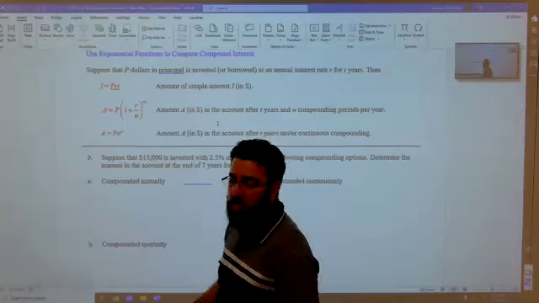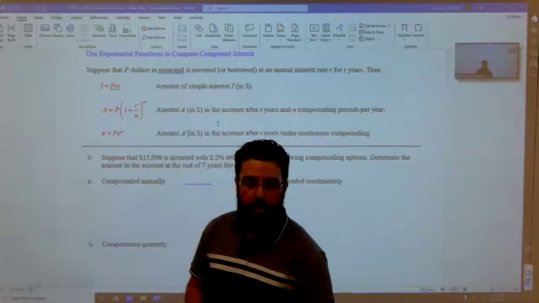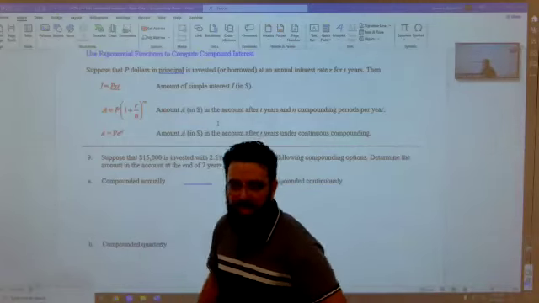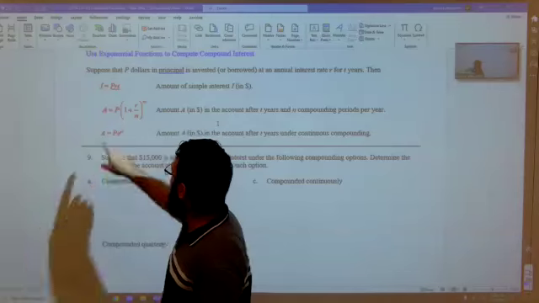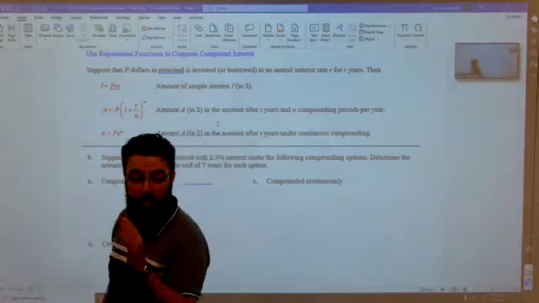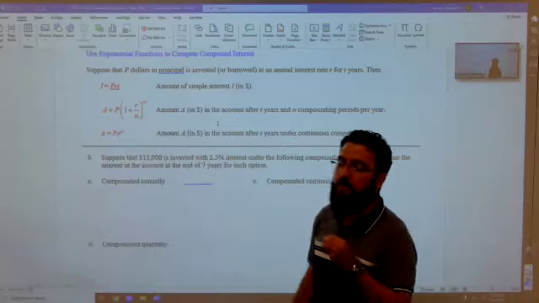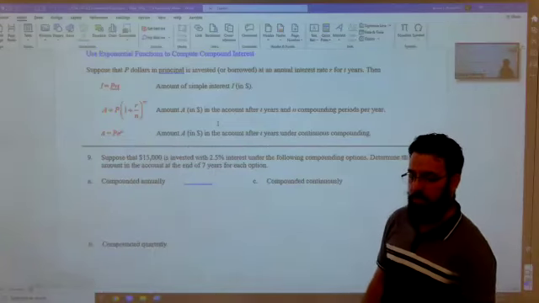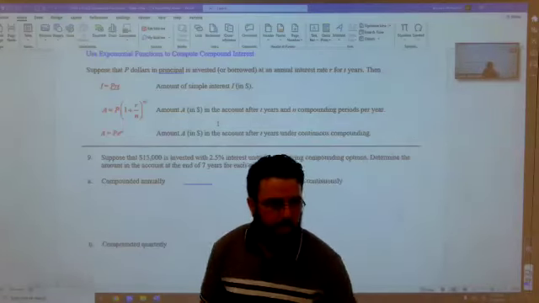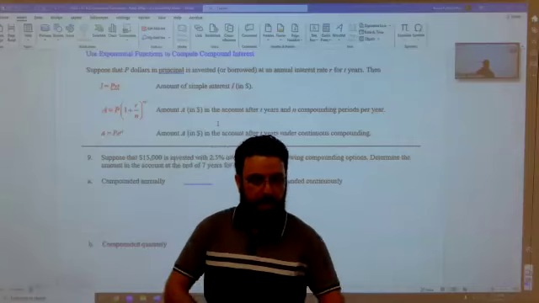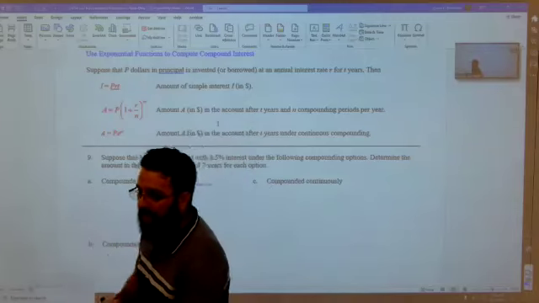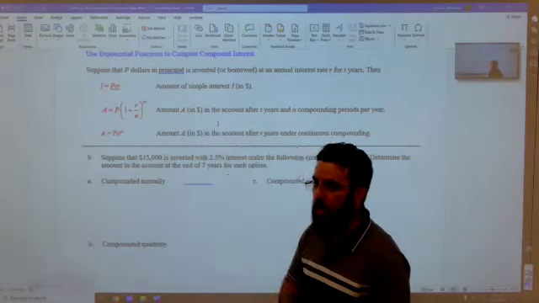Every time they tell you in the question, John is going to the bank to invest 5,000, this is the value of P. So write down this information: P is the invested amount, the deposit. If I deposit 5,000 in the bank, that means P equals 5,000, okay? So P is the amount invested or deposited, okay?